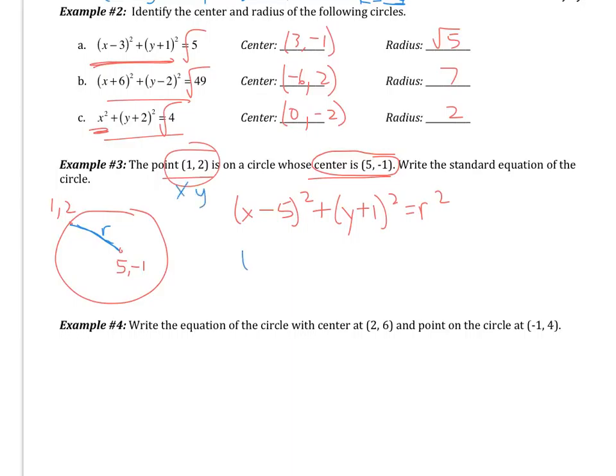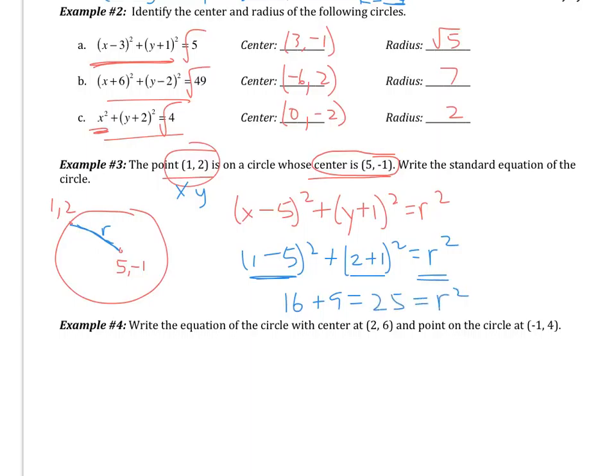So I could do (1 - 5)^2 + (2 + 1)^2 = r^2. And notice that when I'm done, I'll know what r^2 is, and then I can just plug it into my equation. So 1 minus 5 is -4, squared is 16. 2 plus 1 is 3, squared is 9. 16 plus 9 is equal to 25, which is going to equal my r^2.